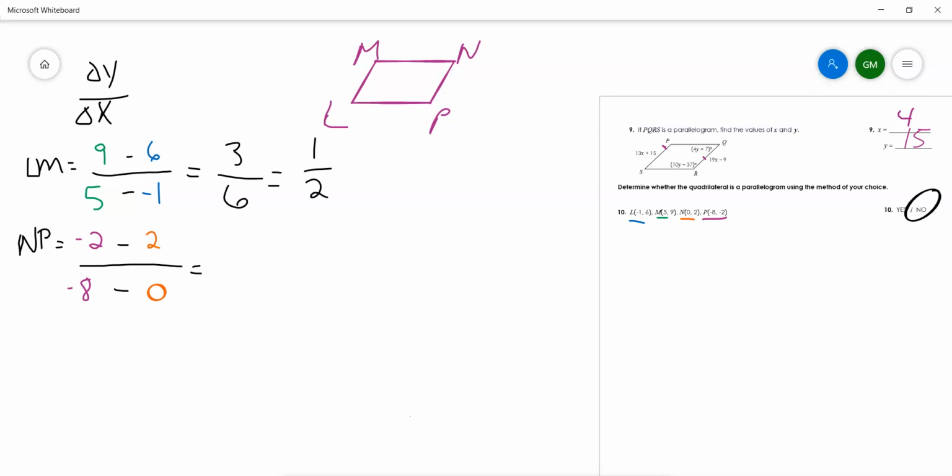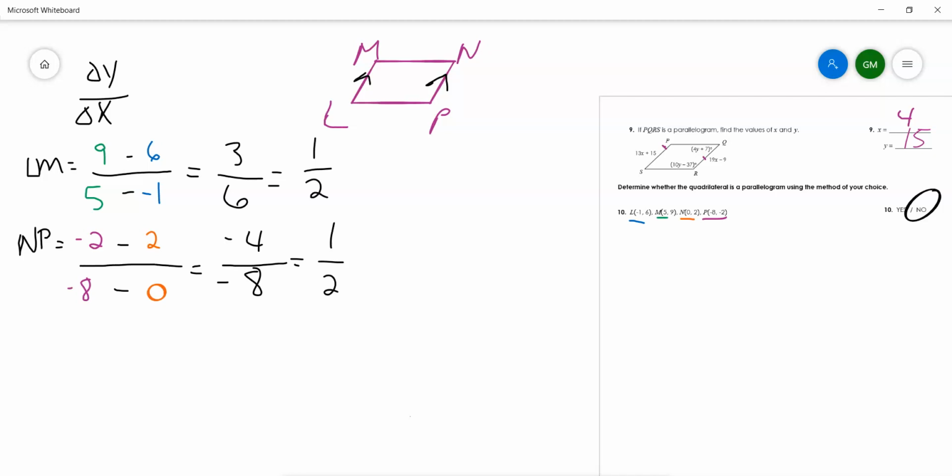So it doesn't matter which one is x1, which one's x2 with each pair of points, so long as you're consistent. So make sure your y goes over its corresponding x. Don't mix them up. So -2 minus 2, -4. -8 minus 0 is -8. That again simplifies to 1/2. So this line is parallel to that line.